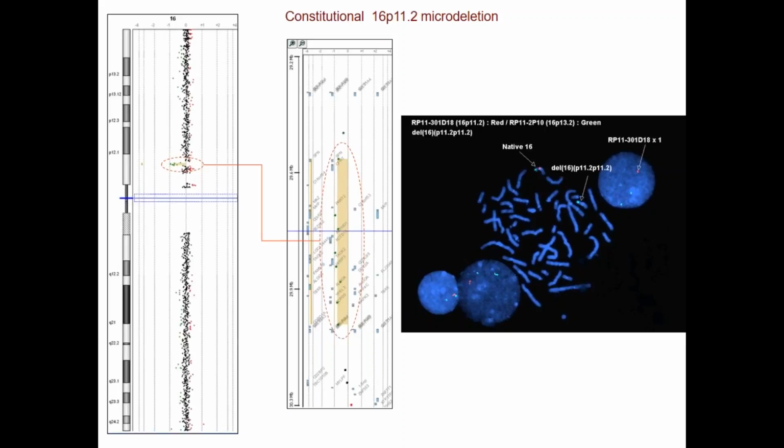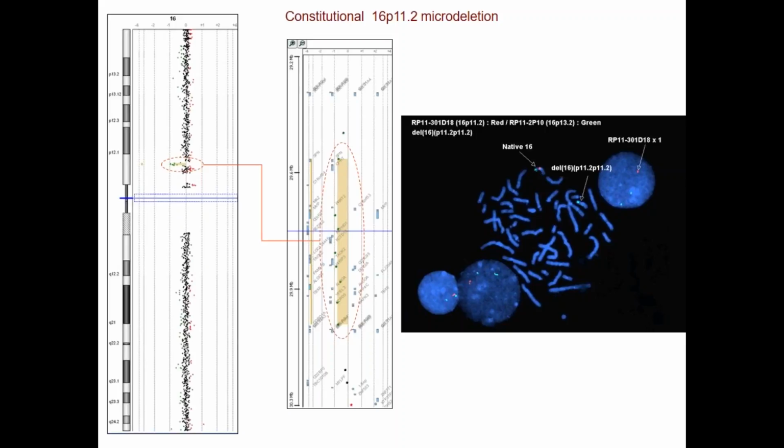When we are doing this clinically, we always like to confirm this, not that we don't trust the technology, but just to visualize the results using a different technology. We confirm it by FISH, or fluorescence in situ hybridization, where we use a probe within that deleted region, and we do metaphase FISH analysis.